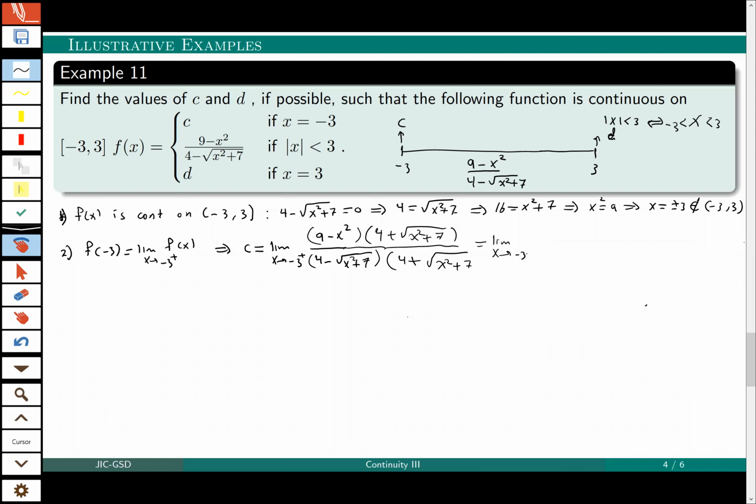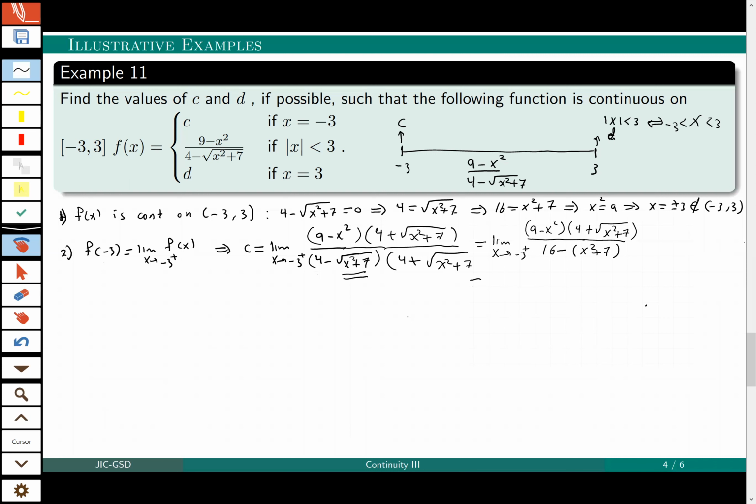Limit when x goes to minus 3 from the right. Here we have 9 minus x squared times 4 plus root x squared plus 7, and on the bottom we have 16 minus, and here we have to be careful, we must have a bracket, x squared plus 7.